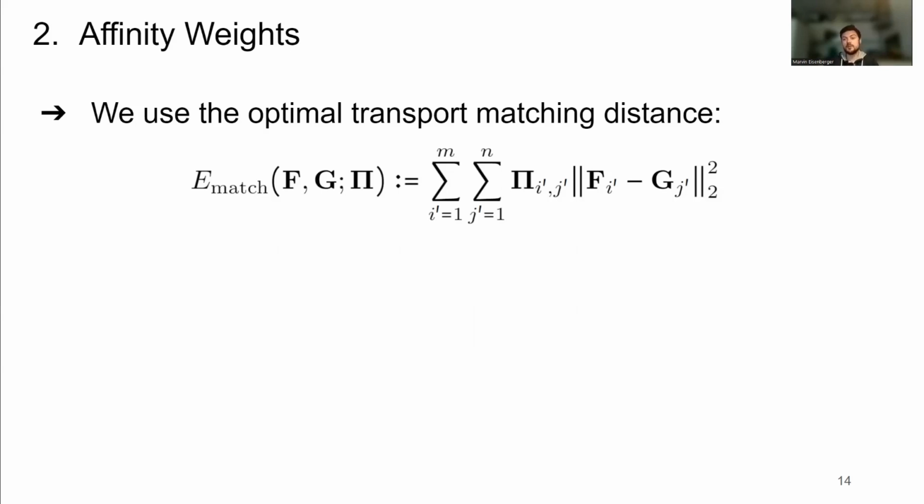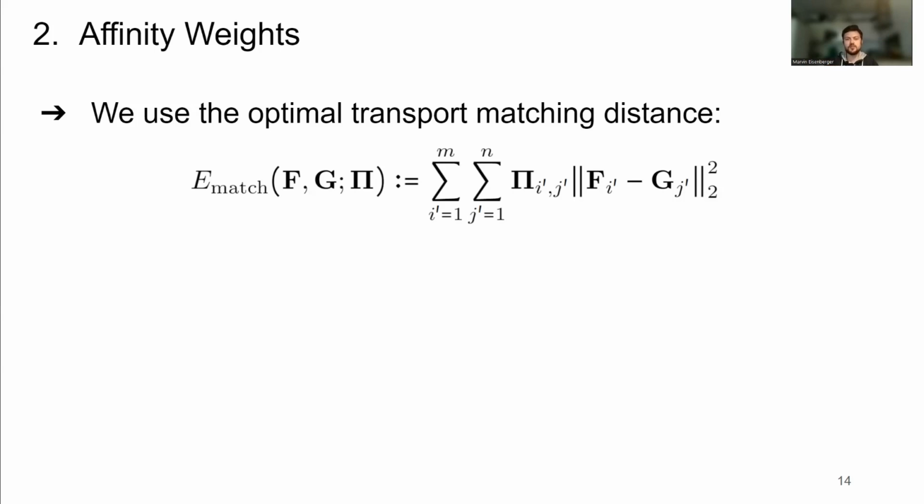Why is this useful? Well, you remember that we want to solve this problem of correspondence in an unsupervised manner, which means that we have no ground truth correspondences or anything like that to define how close two given poses are.